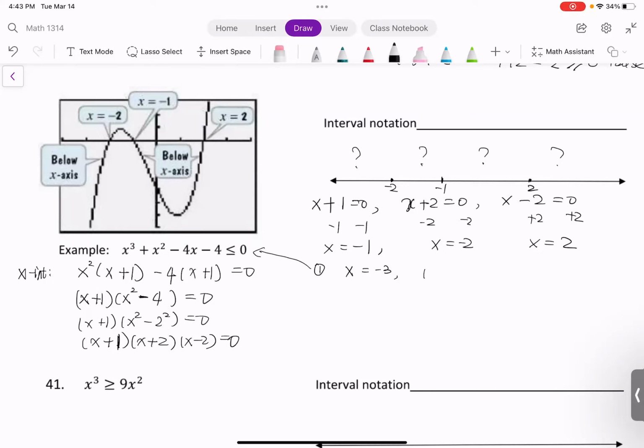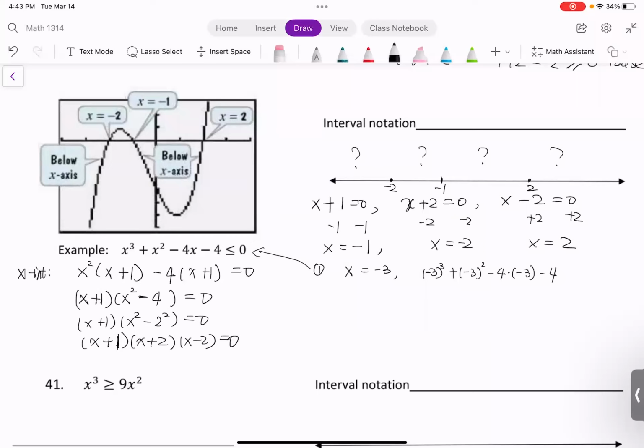We have -3 cubed plus -3 squared minus 4 times -3 minus 4. Let's see if it's negative or less than or equal to 0. We have -27 plus 9 plus 12 minus 4.